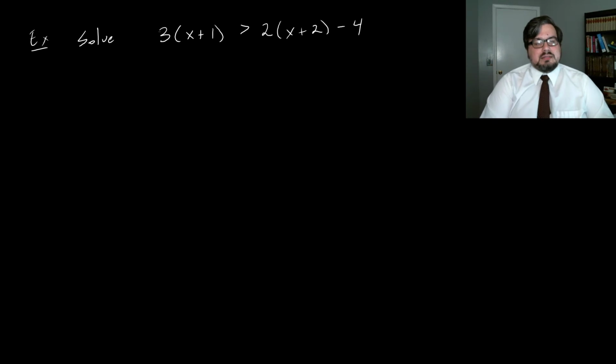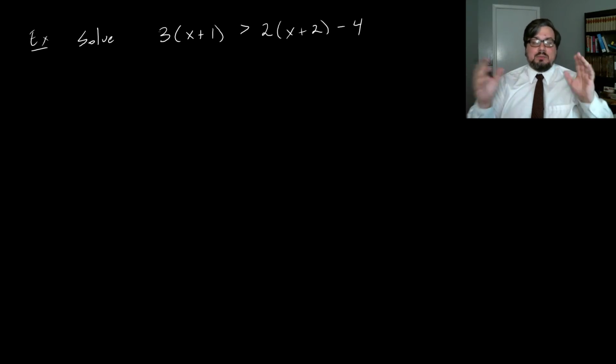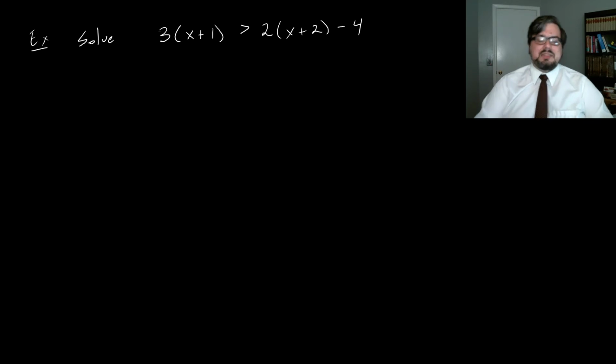So let's do that. When you're solving an inequality where the two sides are complicated, they've got parentheses and they're not all simplified, the first step is always to simplify it, just like with equations. Most of this whole process is just like the process of solving equations. So we'll go ahead and simplify this a bit.